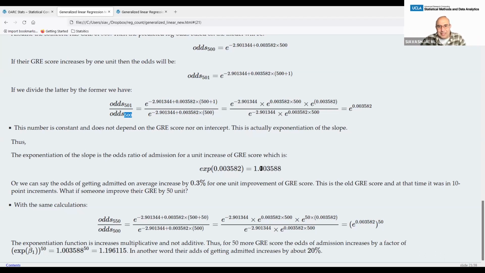We get 1.003588. And that means for every 1 unit increase on the GRE score, we expected the odds of getting admitted to graduate school increases by 0.3%. You see, this is different than before.